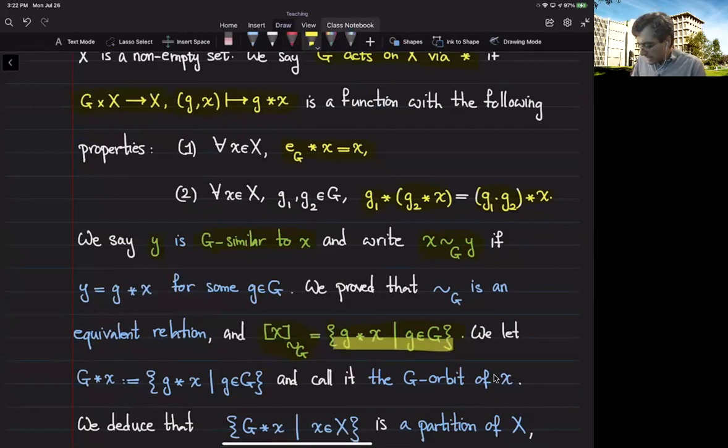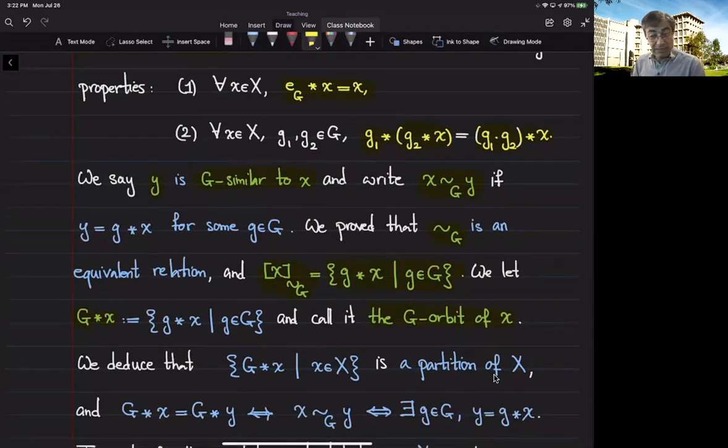We call this set the G orbit of X, and denote it by capital G acting on the point X. So the G orbit of X is nothing but the equivalence class of X with respect to this relation.